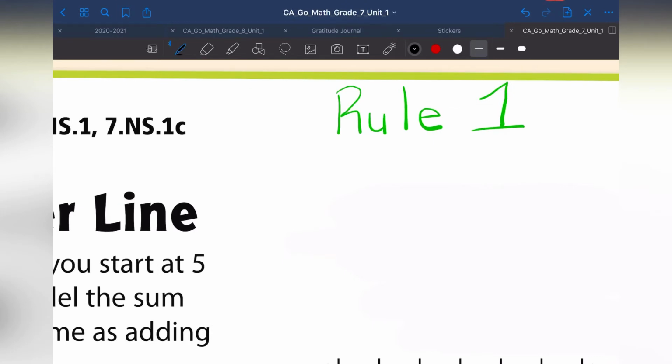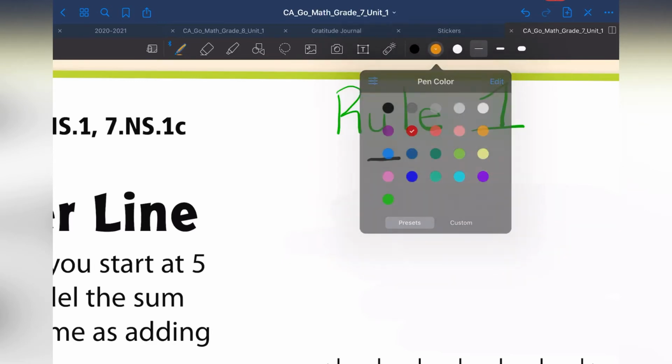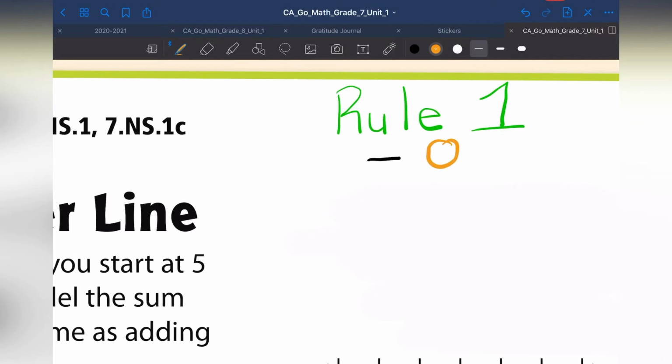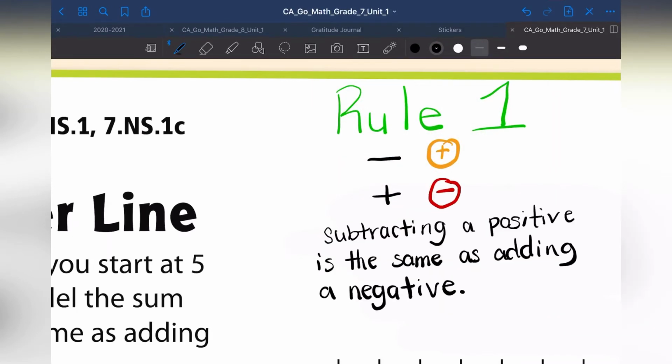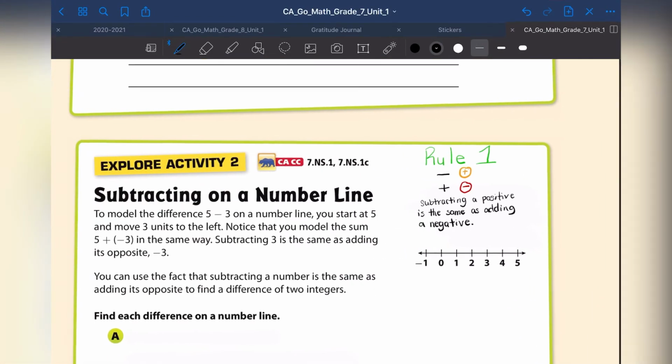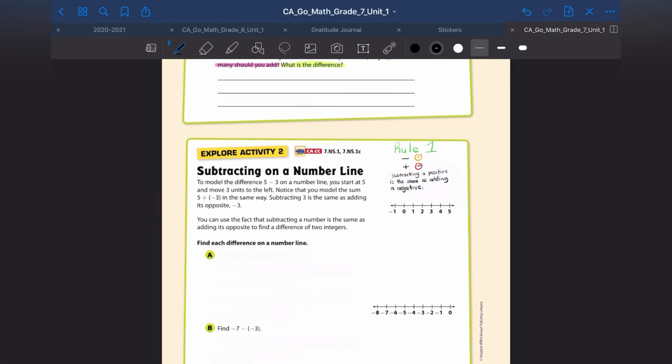So rule number 1 says that whenever we subtract a positive is the same thing as adding a negative. In your notes, you can pause the video so that you can copy it and then continue.